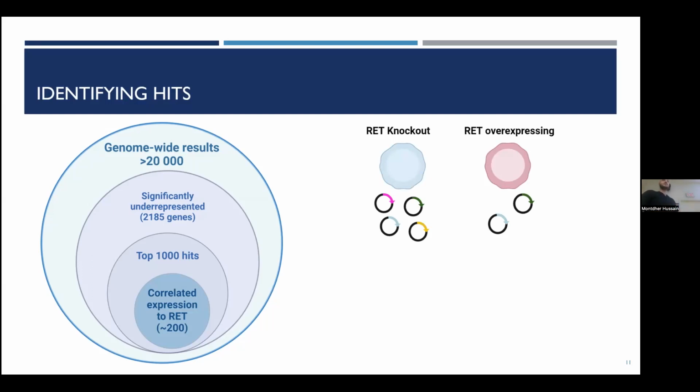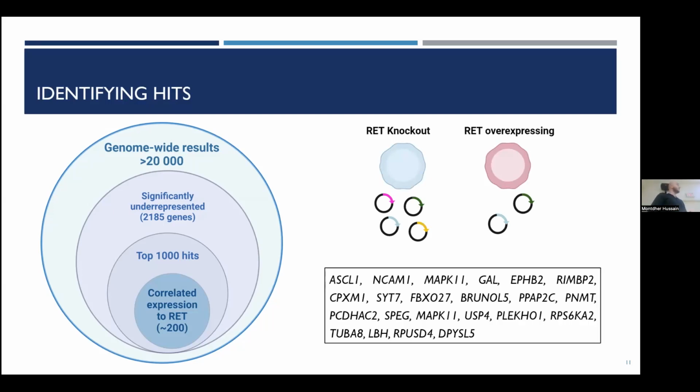From those, we took the top 1,000 hits, the most lethal ones, and we correlated their expression to that of RET. By doing that, we can identify genes that are functionally linked to RET, as they'll have correlated expression. From that list of just above 200, I selected 25 candidate genes for initial validation of our approach.